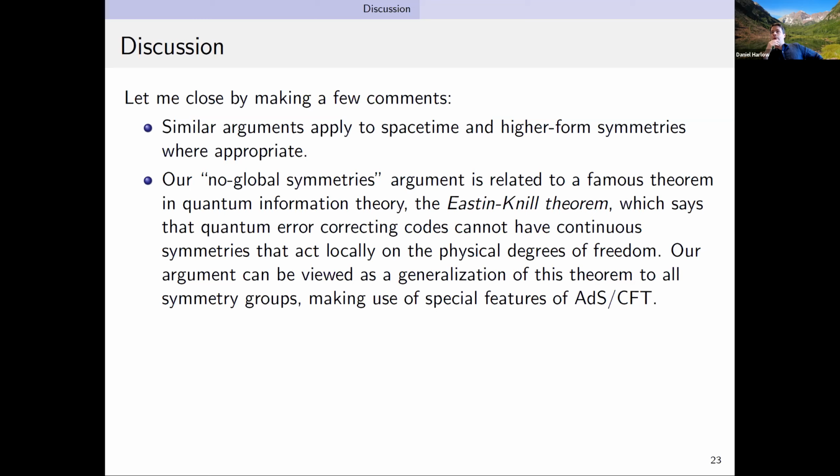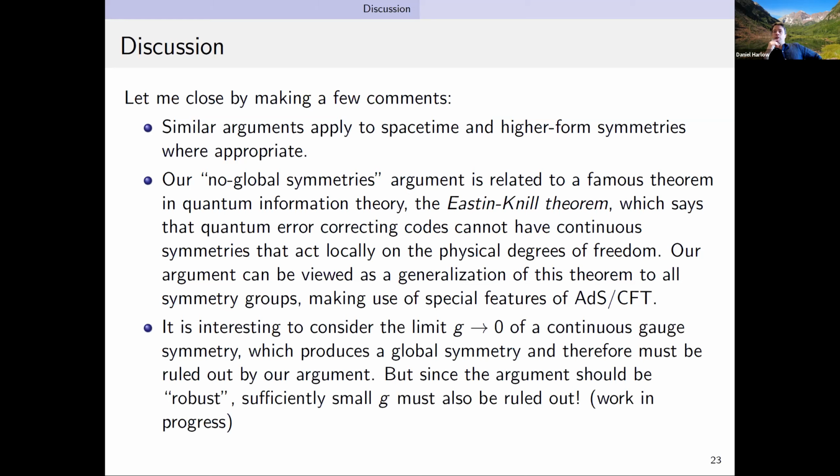But if you know about quantum error correction, then you probably know about this theorem. For you, I'll observe that our argument can be viewed as a generalization of this theorem that applies to all symmetry groups, not just continuous symmetry groups, at the expense of having stronger assumptions, which happen to hold in AdS/CFT.